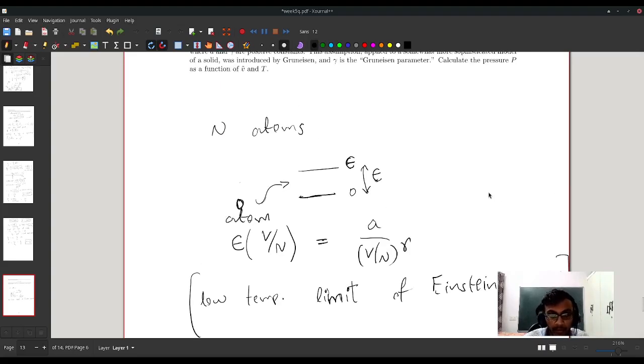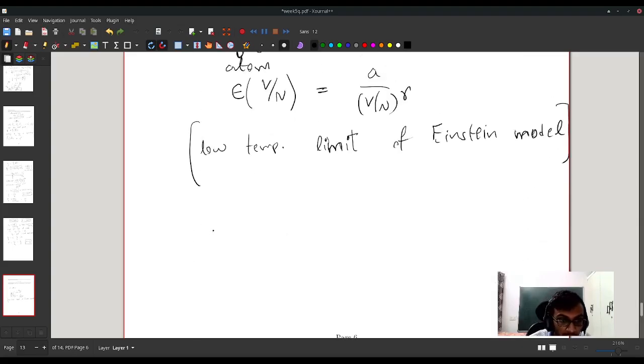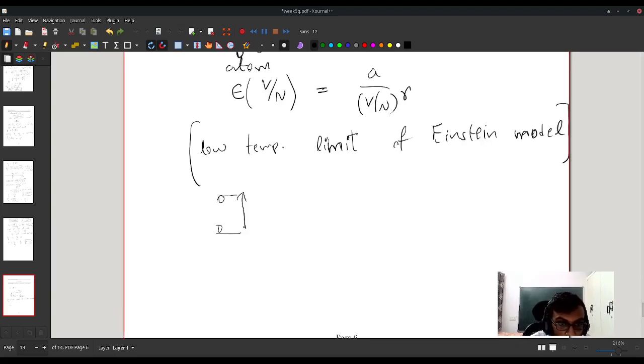So this is a two-state system at each atom or each site. You might have already encountered this before, the two-state system in the microcanonical ensemble.